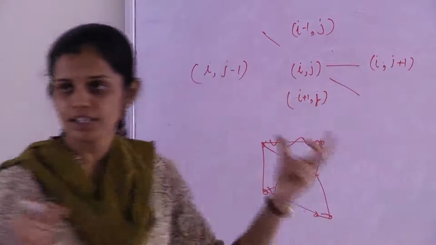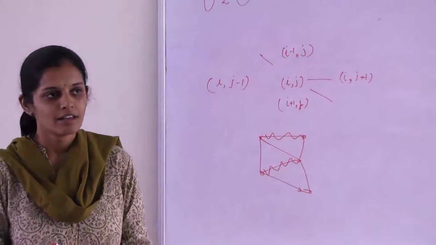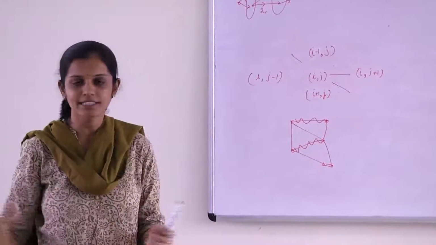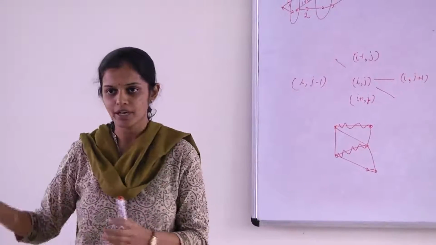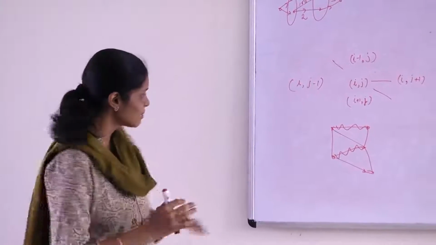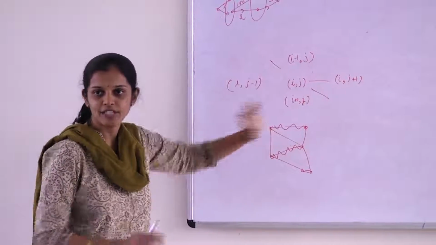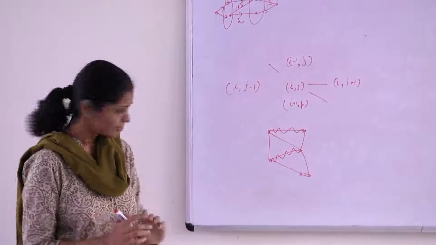And when I say that you want to completely tile it, what do you mean? You want to find a matching which matches all the vertices, doesn't leave anything unmatched, and doesn't fall beyond your chessboard. That is also known as a perfect matching.